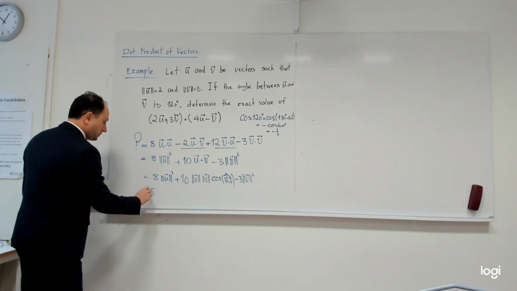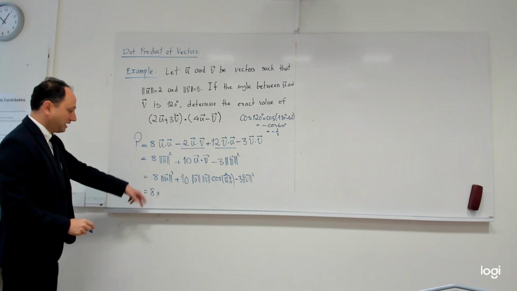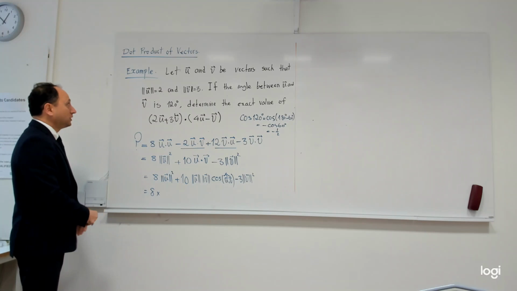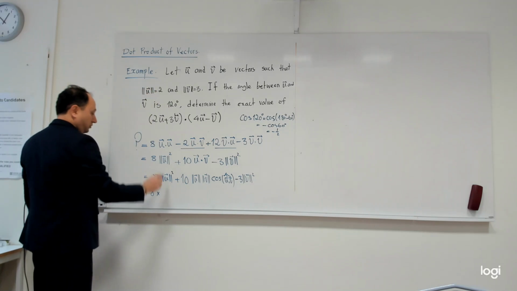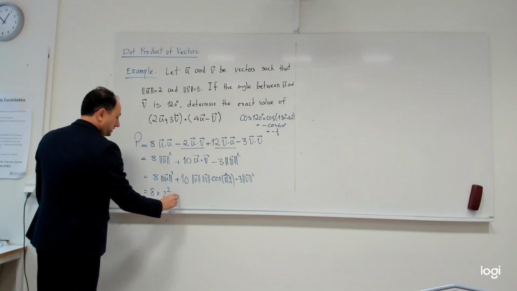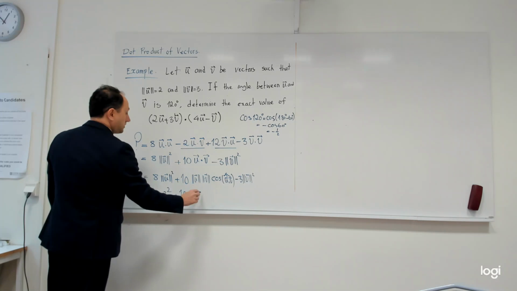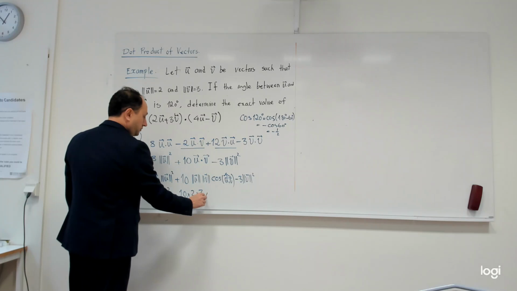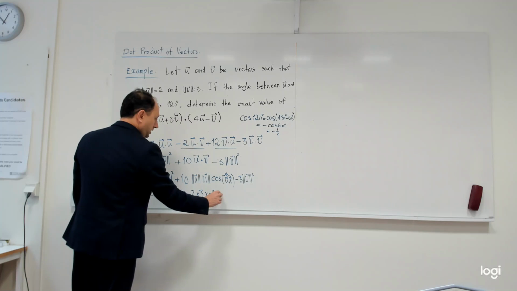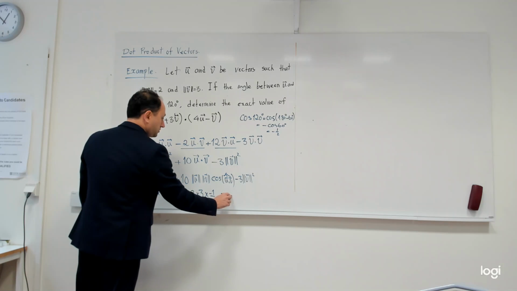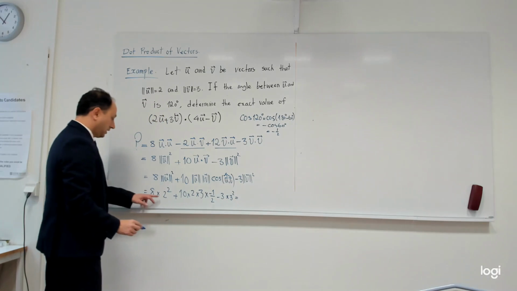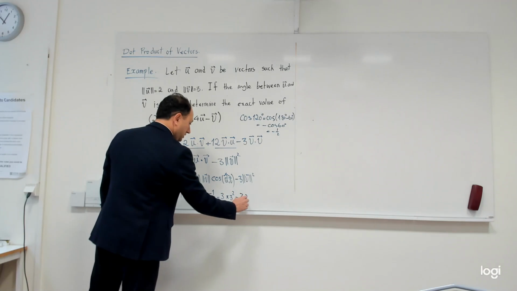So it becomes 8. Let me just use this symbol for the time being. Then it becomes to the power of 2 plus 10 times, instead of u I put 2, instead of v I put 3, and instead of that, I put minus 1/2. And then I have minus 3 times 3 to the power of 2. So if I calculate this, it becomes 32.